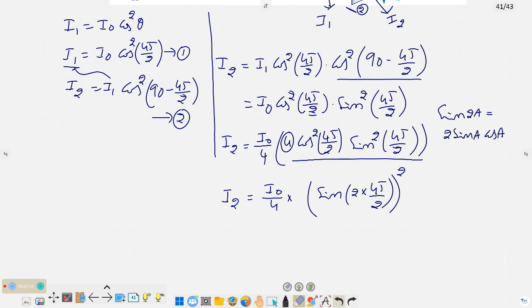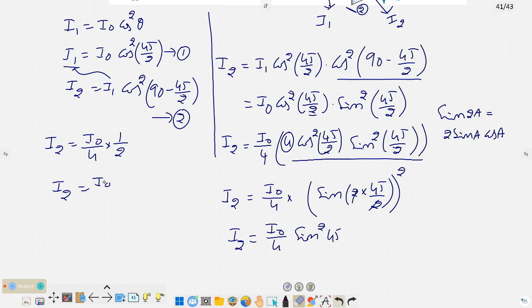That means I2 is equal to I0 by 4 into sine square, the 2 gets cancelled, sine square 45 after solving. So what is the value of sine square 45? I2 is equal to I0 by 4 into sine square 45. Sine 45 is 1 by root 2, 1 by root 2 whole square means 1 by 2. So I2 value is equal to I0 by 8.